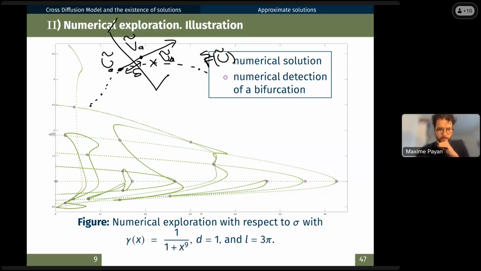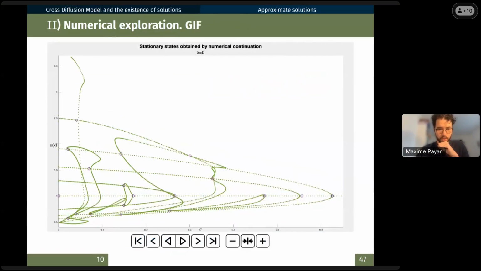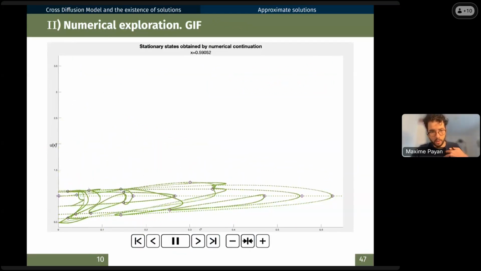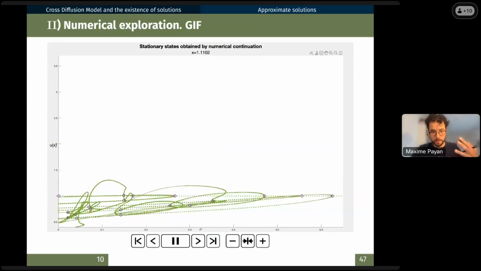Okay, so there is another diagram. This is exactly the same, but be careful, I will change the projection. In abscissas, in ordinates, this is u of x equals 0, and I will change it, and this is, I unroll, if you want, the film in space.